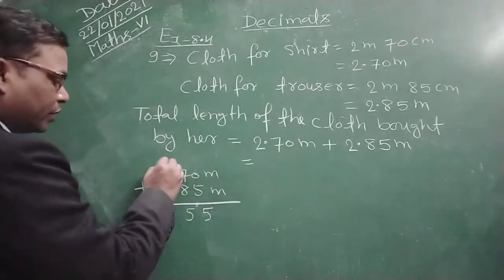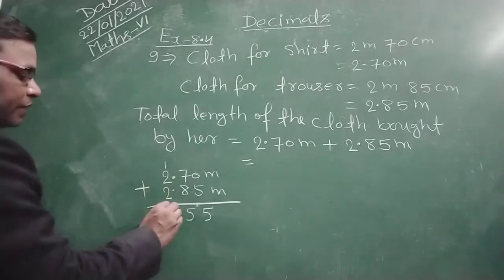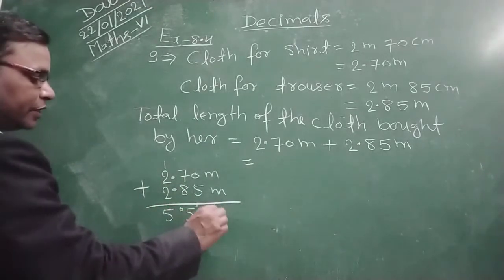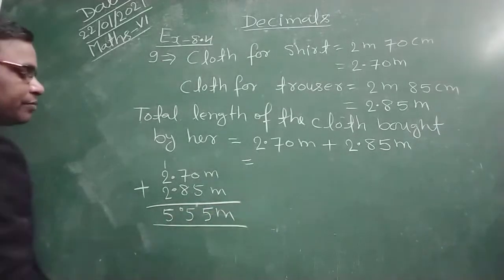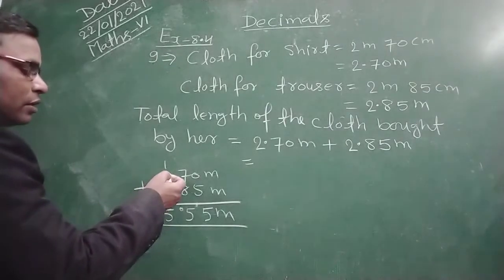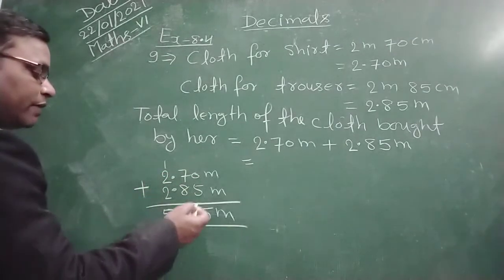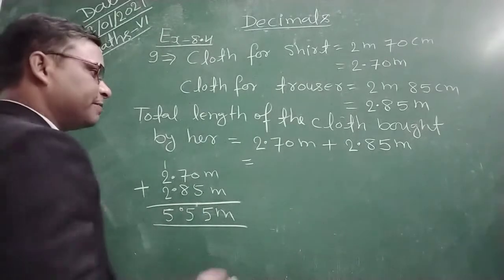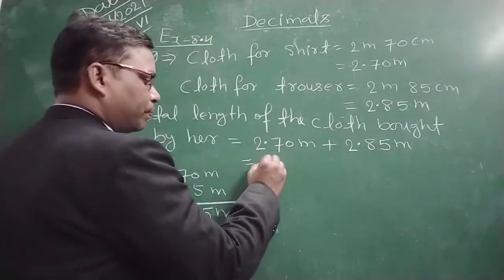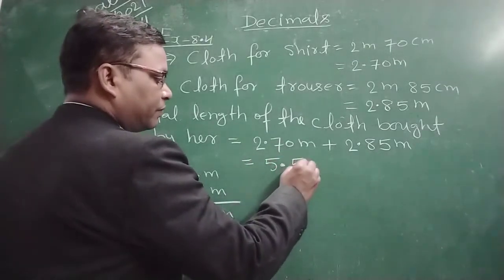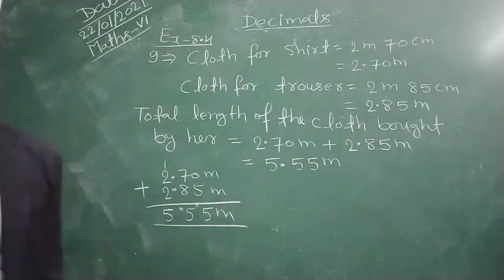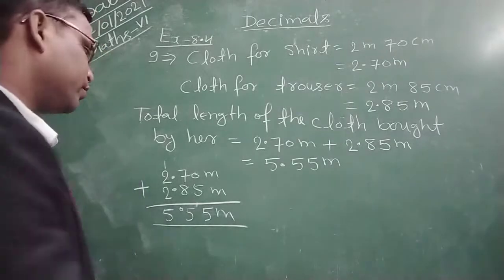Carry 1. 2 plus 2 plus 1 is 5. And we put the decimal below decimal. This is meter. So this way you can see the addition of 2.70 and 2.85 is equal to 5.55 meter. So we find the total length of cloth is 5.55 meter. So student, I hope all of you understood this part.